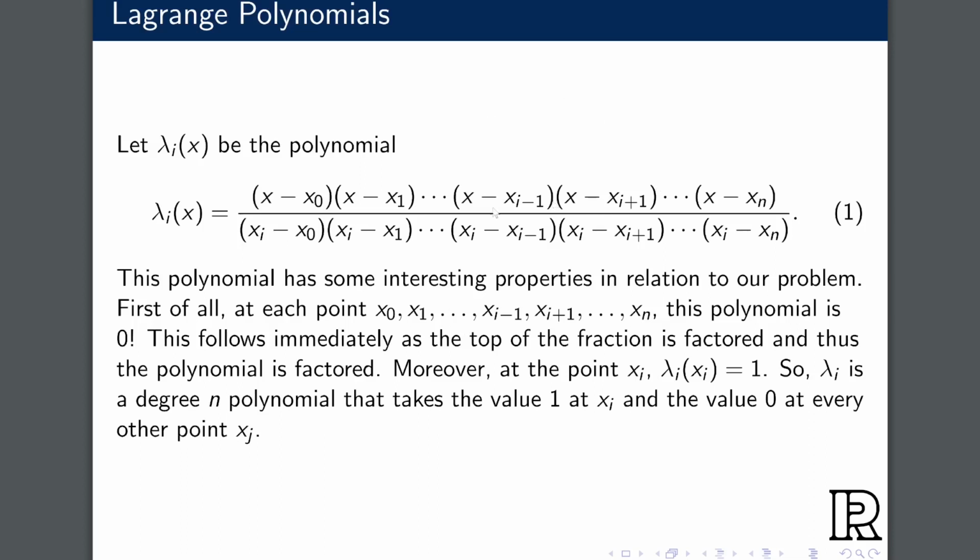So notice, if I were to plug in, for instance, x0 to this polynomial, well, the term on the left would become 0, and so we'd get a product, but it has 0 in it, so the whole thing's 0. If I plug in x1, the whole polynomial is 0. If I plug in xn, the whole polynomial is 0. But if I plug in xi, then the top and bottom are equal, and they cancel, and you get 1.